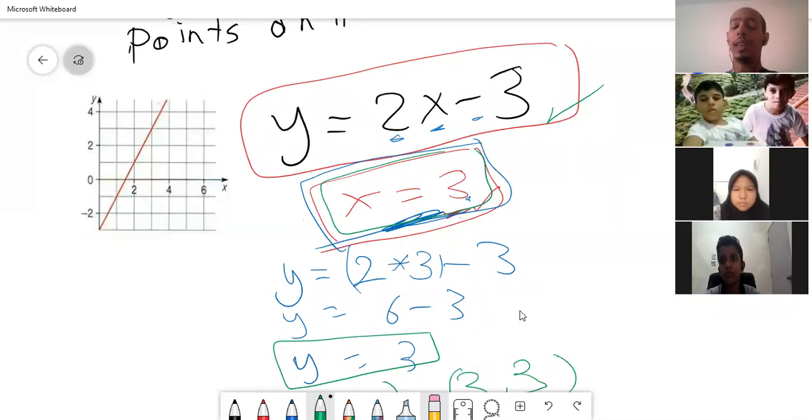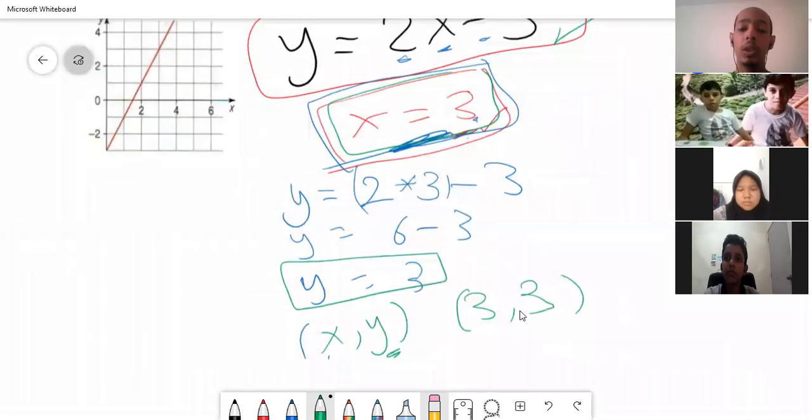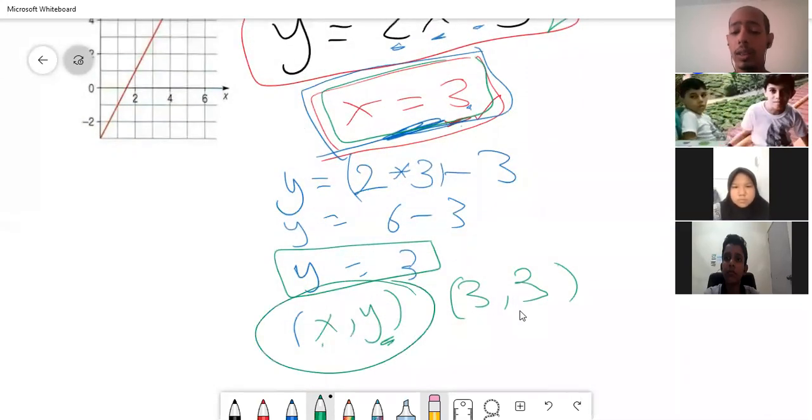Then we said that we can substitute any value of x inside this function to get the value of y. What does it mean when we get the value of x and y? What does that mean? Abdullah, do you know? What is x and y?